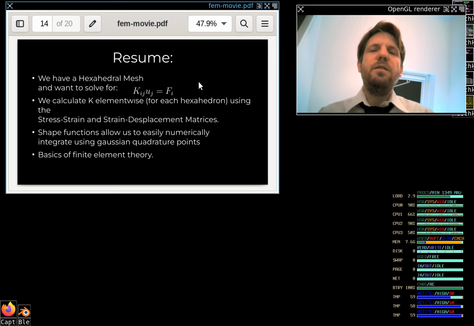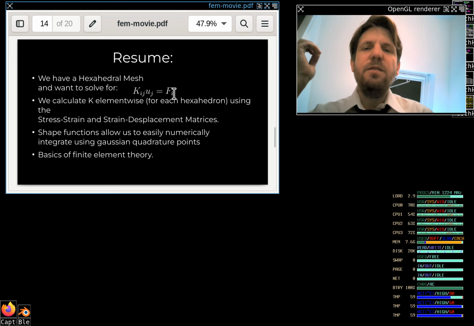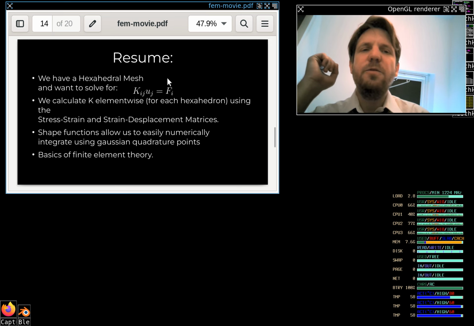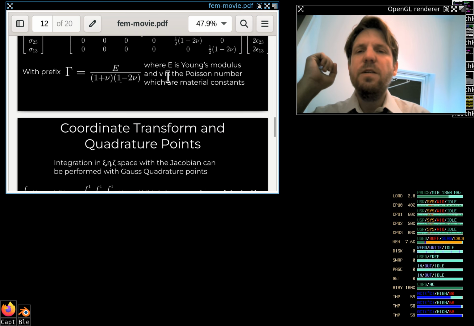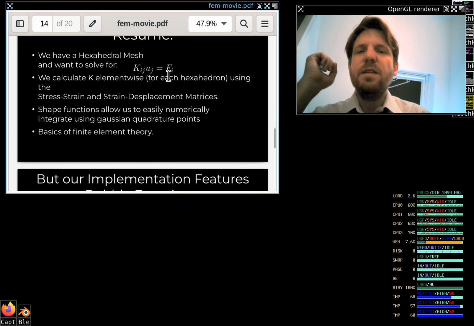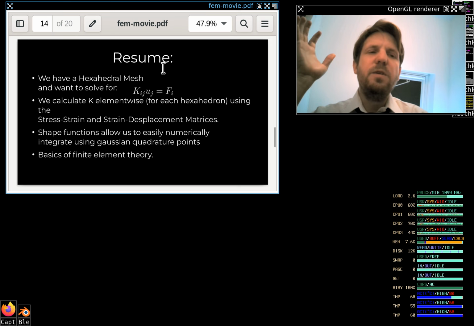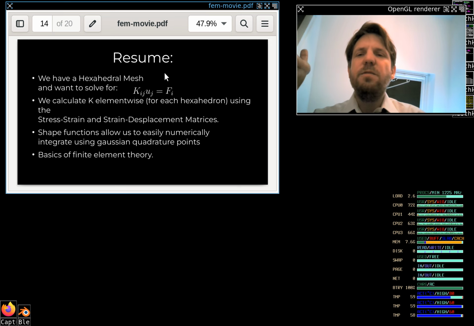That's the basic idea behind it. So once you have this K built, as I've shown before, then you're basically done. If you want to know the basics about finite element, you got it here. That's all that there is to it.